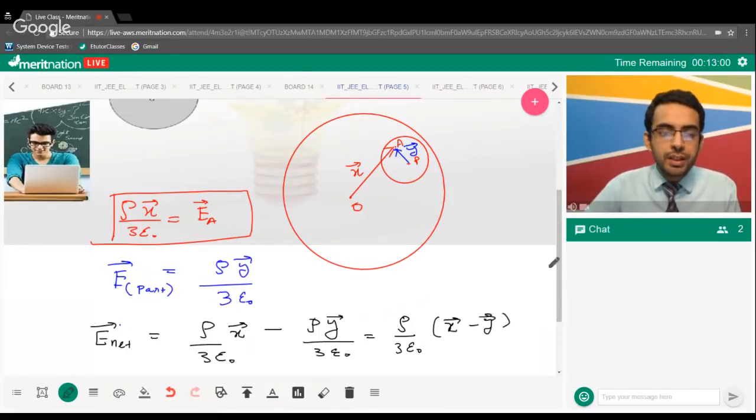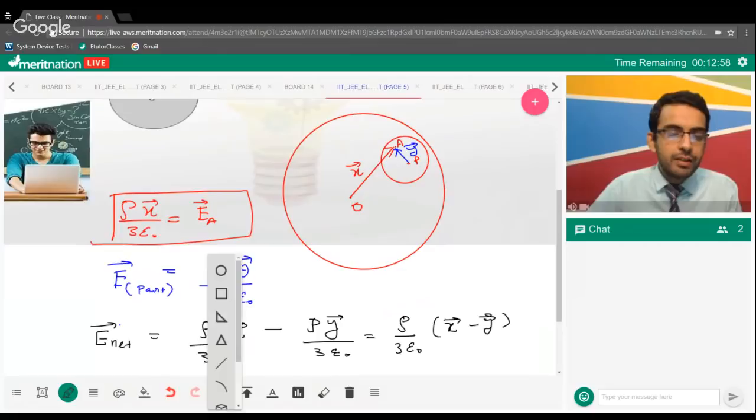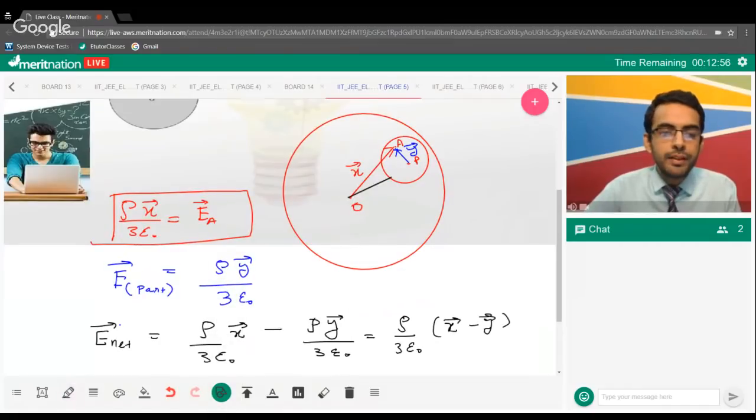In the question it is given that the vector directed from O to P is A vector.